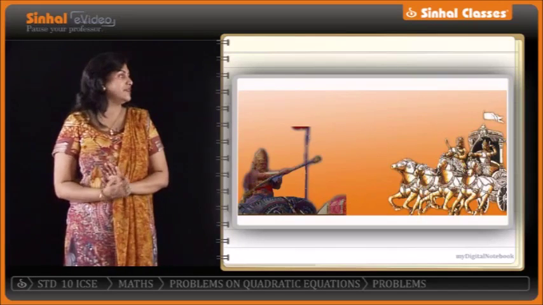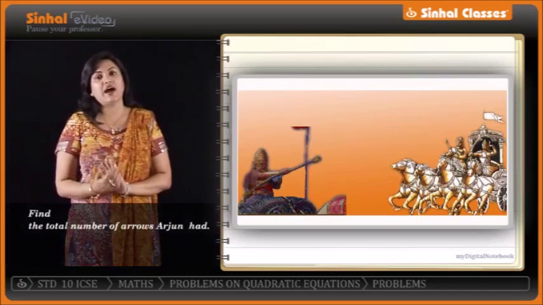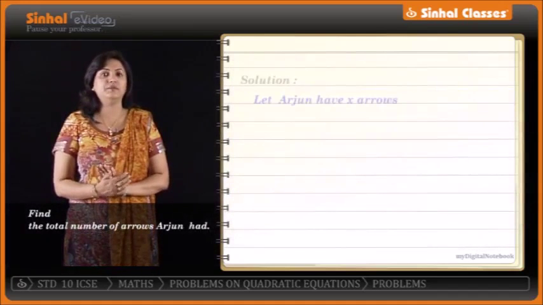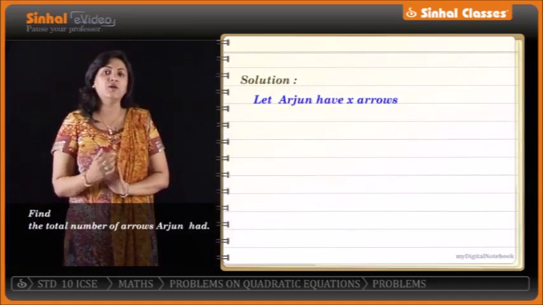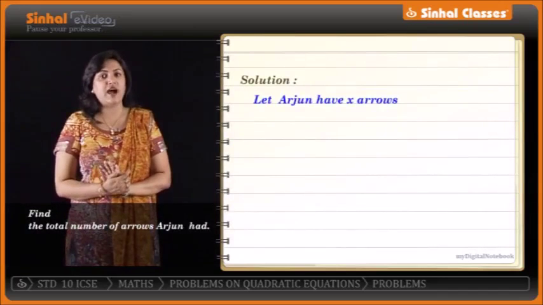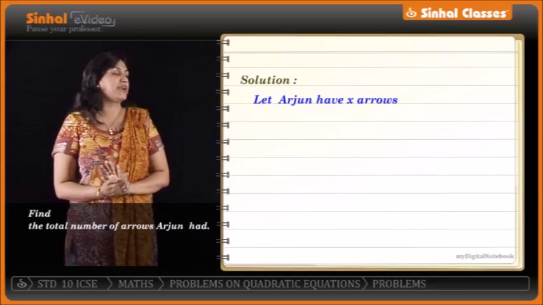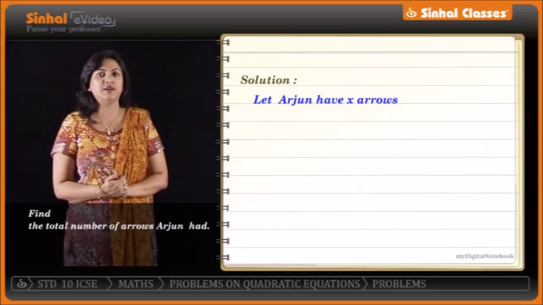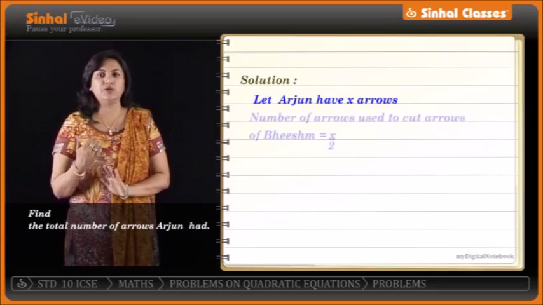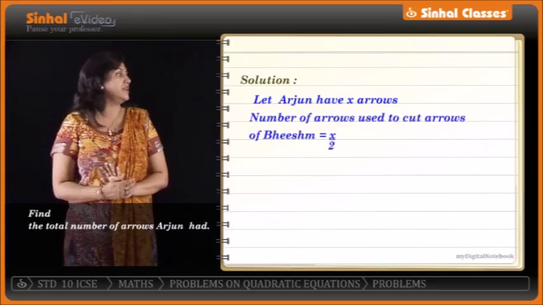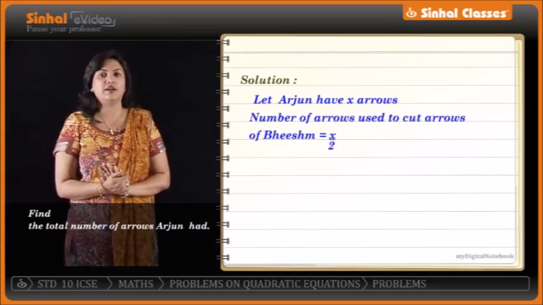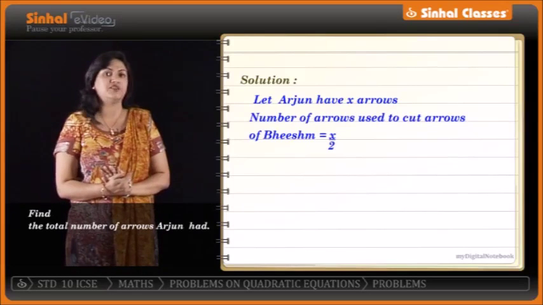Now here we are given, let the number of arrows Arjun had be x. With half the number of arrows, Arjun cut down the arrows of Bhishma, that is x by 2 arrows. Also given, with 6 more arrows, he killed the chariot driver.